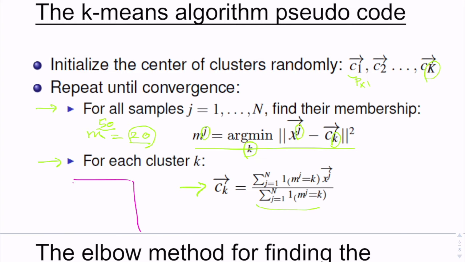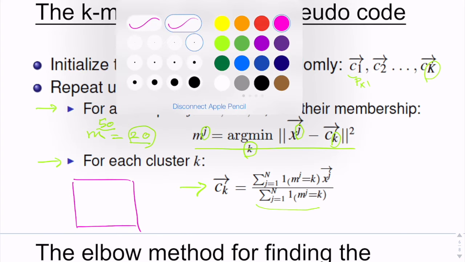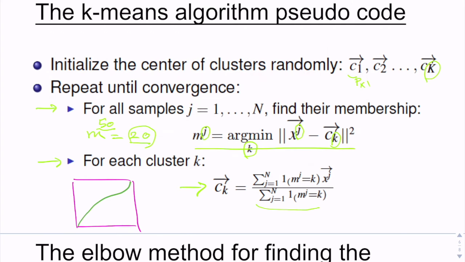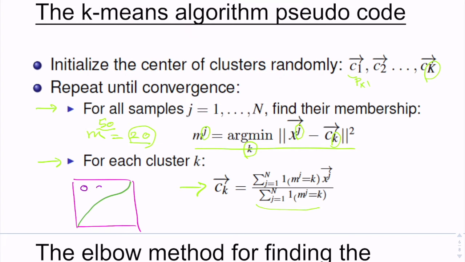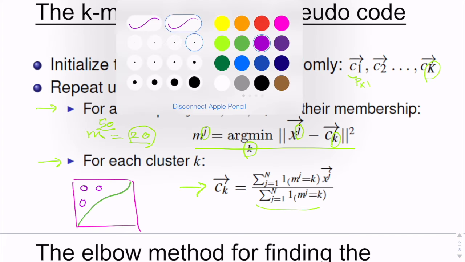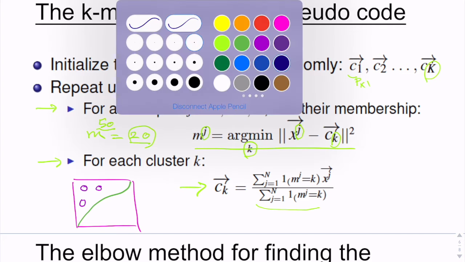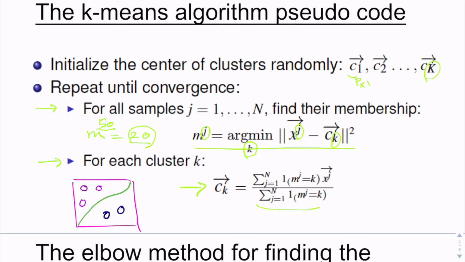Let's say I have two clusters, and 3 samples belong to this cluster, and 2 samples belong to this cluster. I just labeled them 1, 2, 3, 4, 5.